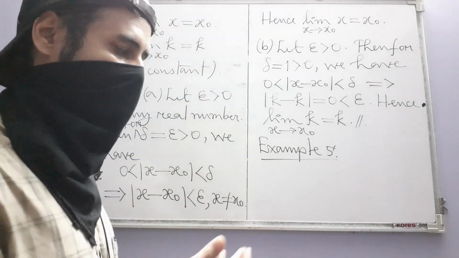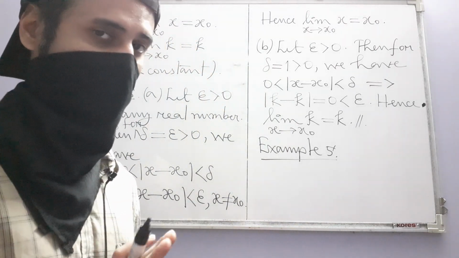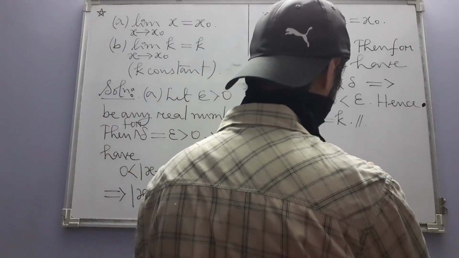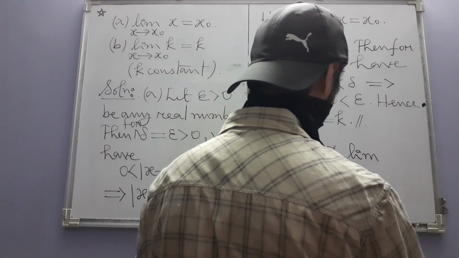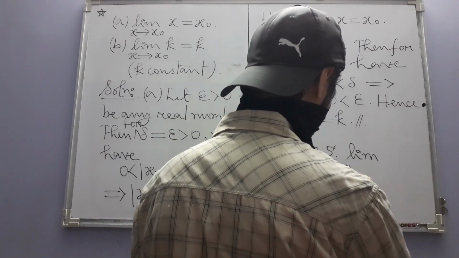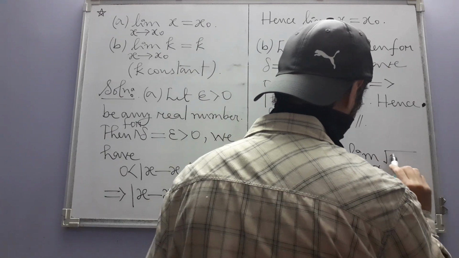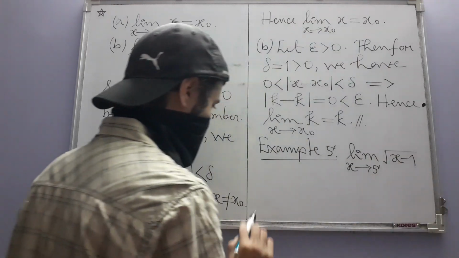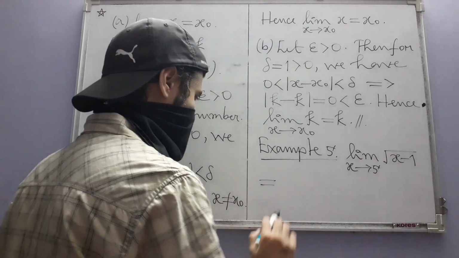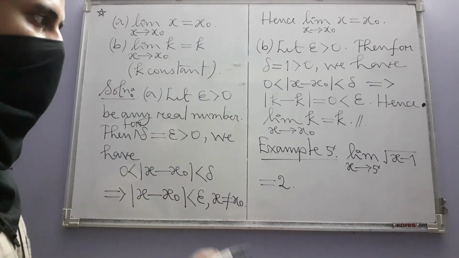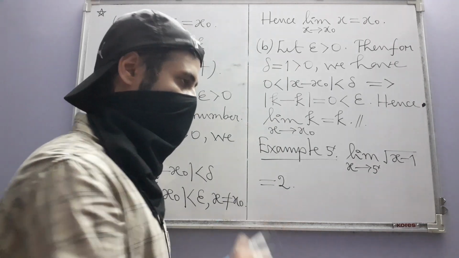We will be required to find a delta for that epsilon. So here the claimed limit is the limit of square root of x minus 1 is equal to 2.